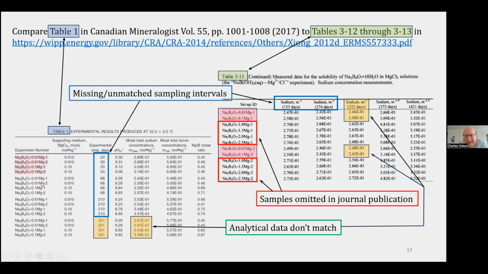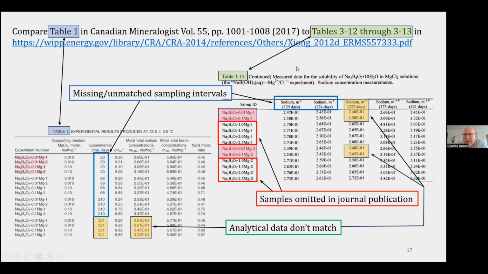And he just repeated the same measurements over and over again as a function of time. In this third column is the sampling interval. In the published paper, his first sampling interval is 20 days, the next one 68 days, 210 days, and so on.